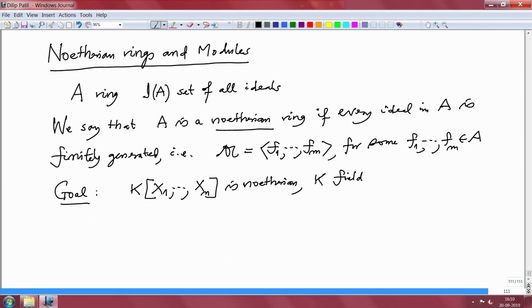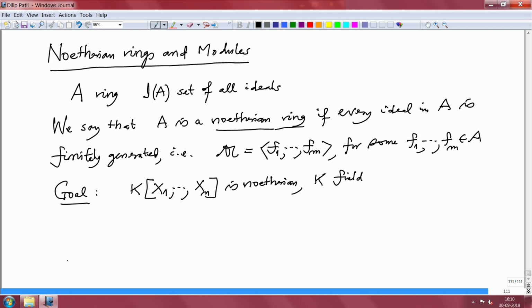So, I will have to give equivalent formulations of every ideal being finitely generated or not. I want to set up notation and definitions in such a way that many theorems about Noetherian and Artinian rings and modules I can prove together, rather than proving each theorem twice.